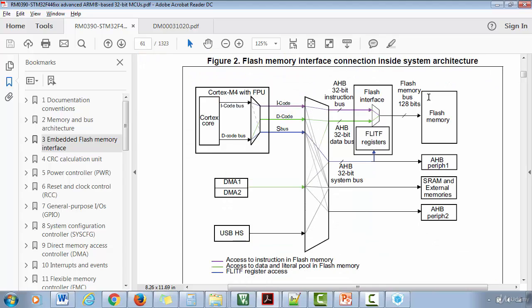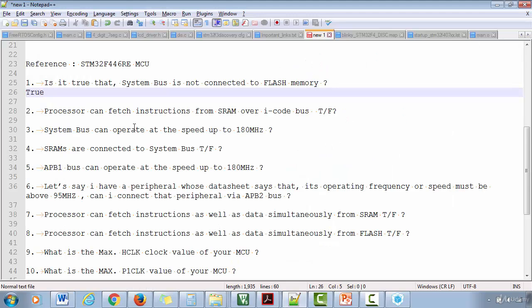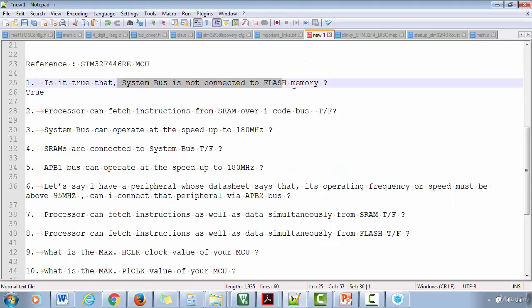Here you can see that flash is connected to I code and D code. You can see that the S bus line is not going to flash memory. That proves that in this microcontroller the flash is connected to the Cortex core over I code and D code, and the system bus is not connected to flash memory.